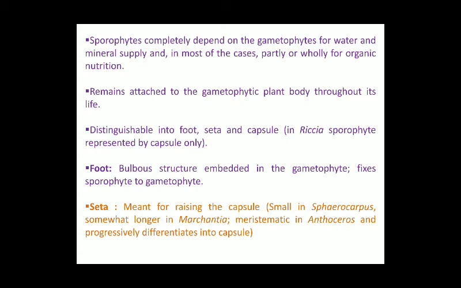That is why it is believed that they are either partly or wholly dependent upon the gametophytes for organic nutrition. Clear? Once again I will tell you, sporophytes are completely dependent upon gametophytes for water and mineral supply, and in most cases they are partly or wholly dependent on the gametophytes for organic nutrition.